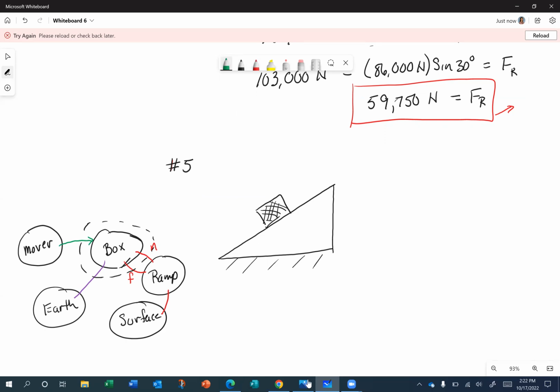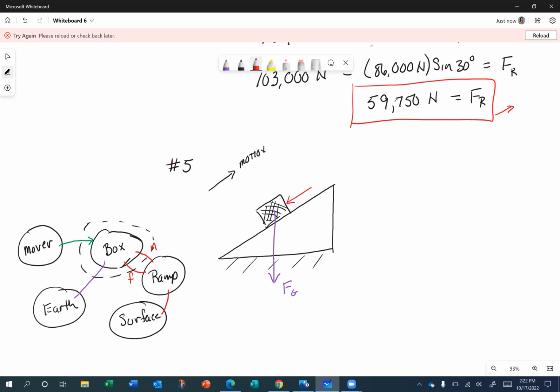So the first force, of course, is always weight, which acts straight down. So that's our force of gravity. You were told that he's trying to push this box up the ramp, which means our force of friction is to oppose that.